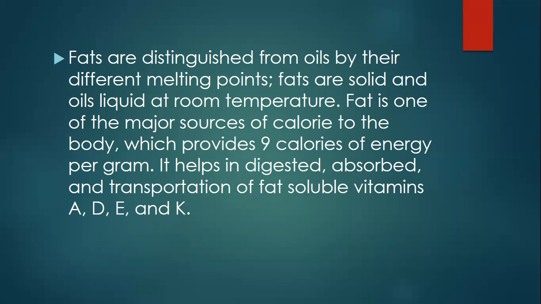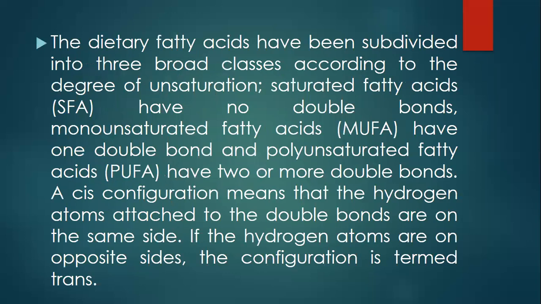Fat is one of the major sources of calories to the body, which provides 9 calories of energy per gram. It helps in digestion, absorption, and transportation of fat-soluble vitamins, for example, vitamins A, D, E, and K. The dietary fatty acids have been subdivided into three broad classes according to the degree of unsaturation.